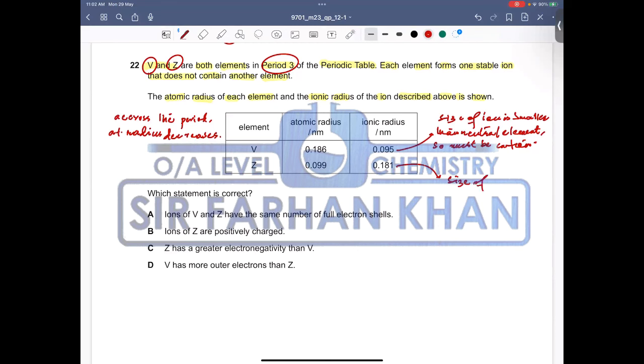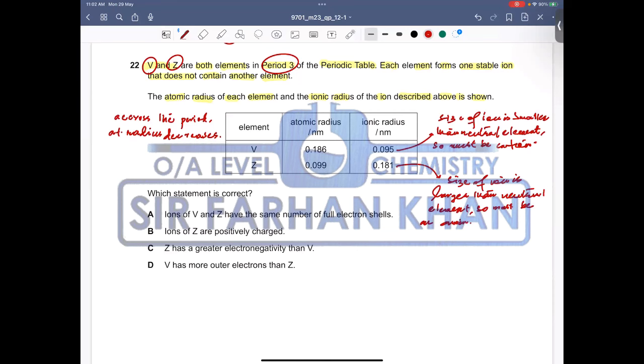Size of ion is larger than neutral element, that means it must be an anion. Okay.